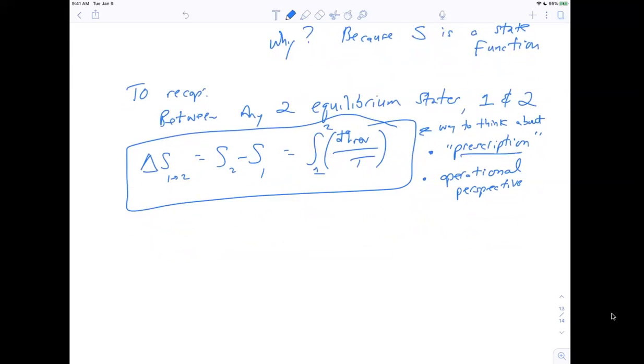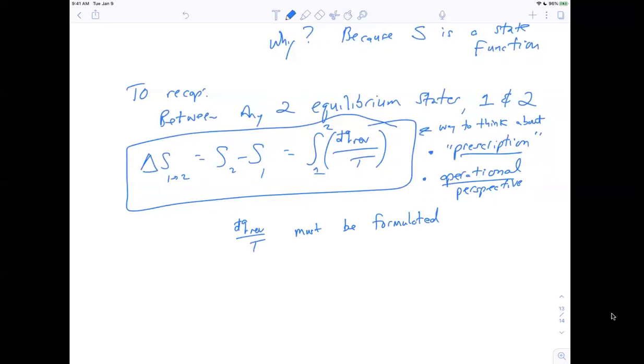It's an operational perspective, if you will. Okay. dq reversible over T must be formulated. That means it must be expanded, or you need to have a little bit more information about that function that dq reversible over T represents.